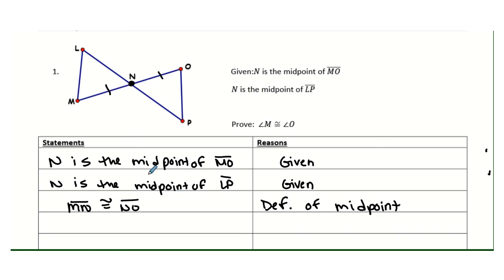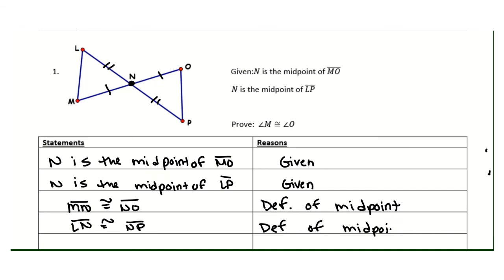For the same reasoning, I know that LN has to be congruent to NP, because if this is the midpoint, then it splits this line into two equal pieces. So LN is congruent to NP. And again, that's by the definition of a midpoint.